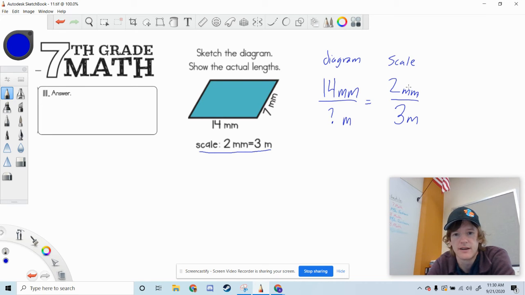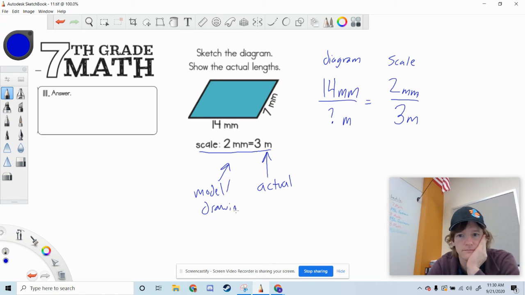Okay, so we have actual length, and we have our model, or drawing. So if our drawing is 2 millimeters, well then that actual shape is 3 meters. So we need to do some multiplication here, or figure out how to solve this proportion.